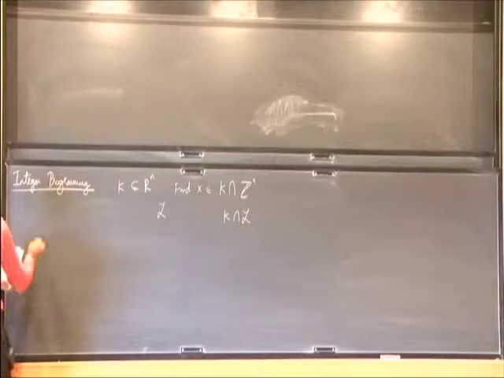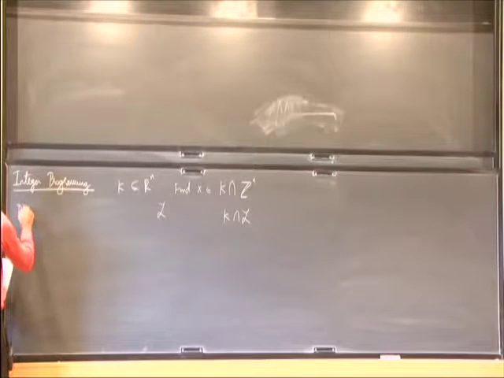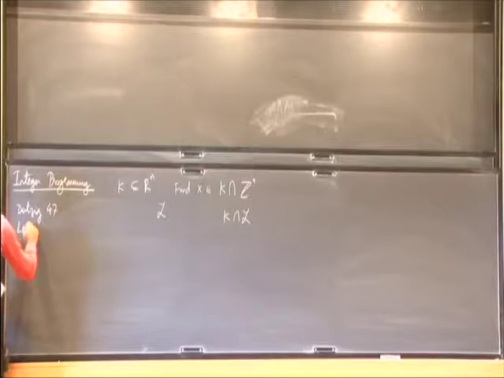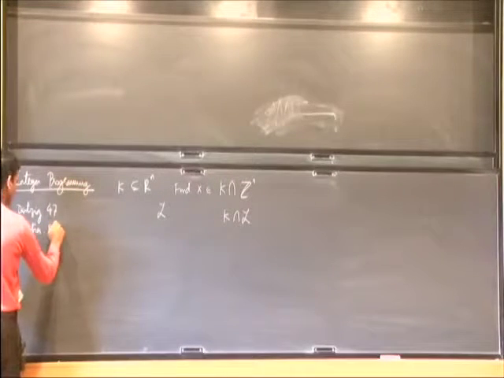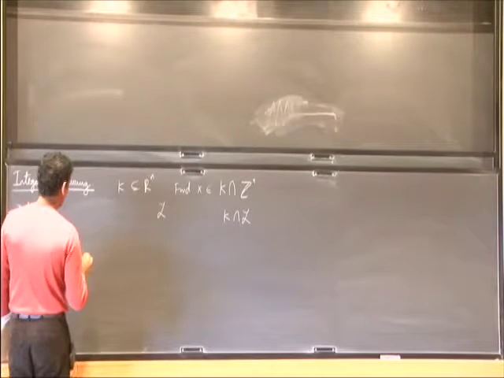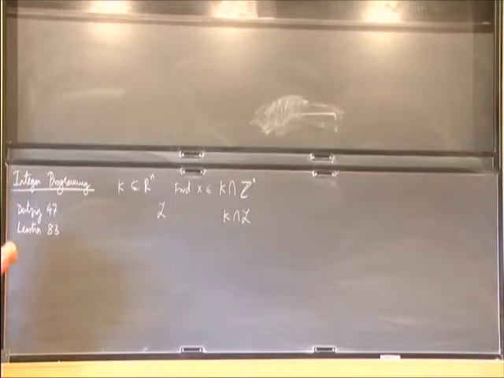As far as algorithms are concerned, after Dantzig, I think this was '47, Lenstra in '83 gave a method that's polynomial for any fixed dimension.